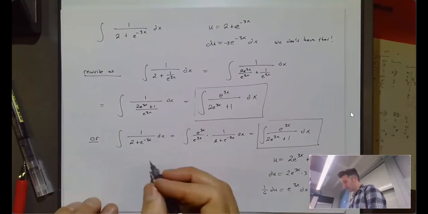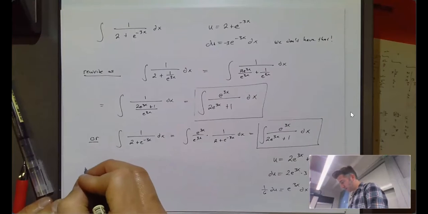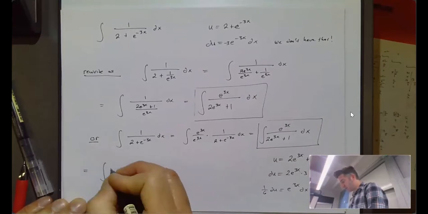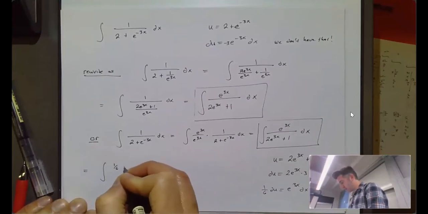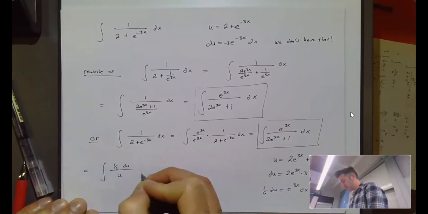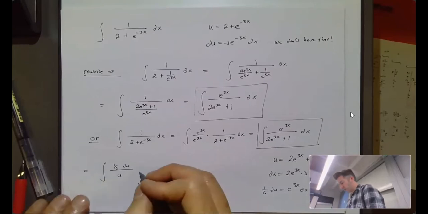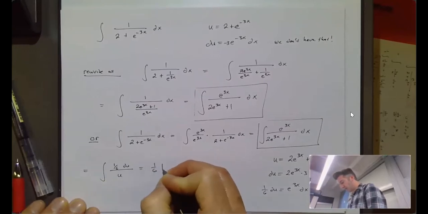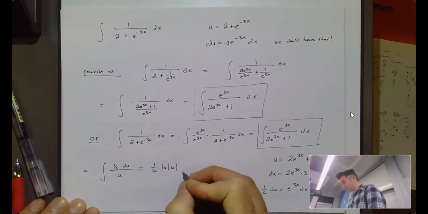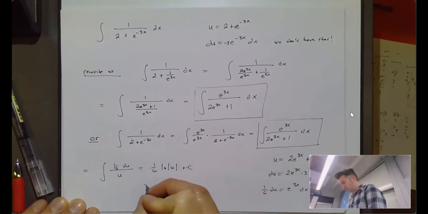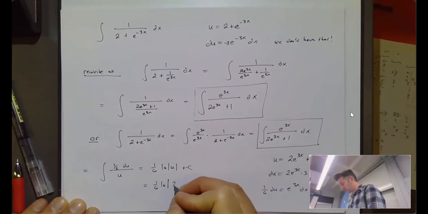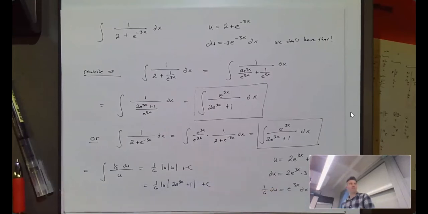And then we can rewrite this integral as the integral of 1/6 du over u. You don't need to bring the 1/6 out. We can just think of it as coming out. We're going to get 1/6 natural log of the absolute value of u plus c, which is going to equal 1/6 the natural log of the absolute value of our u, which is 2e to the 3x plus 1, plus C. It's a little tricky, but it might come up.